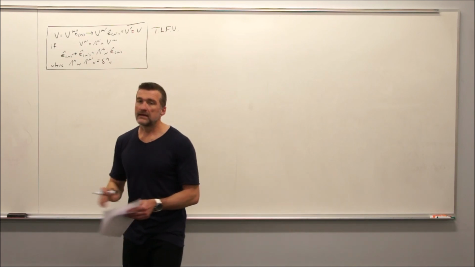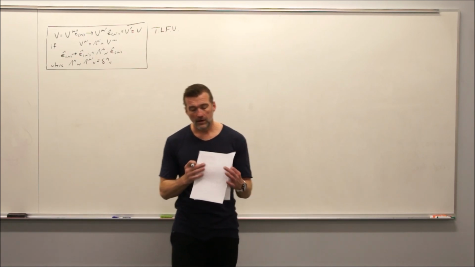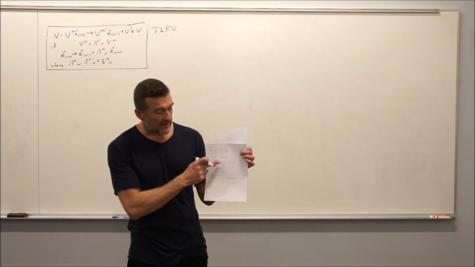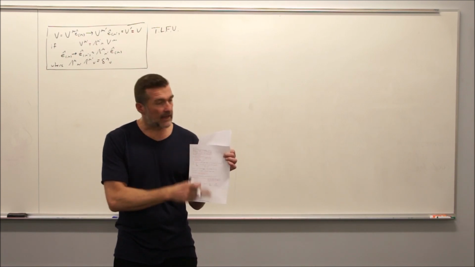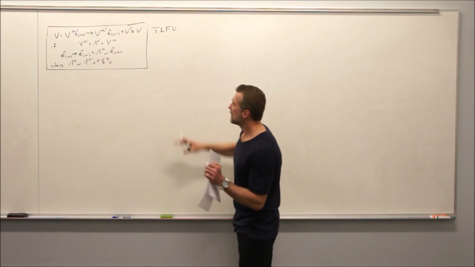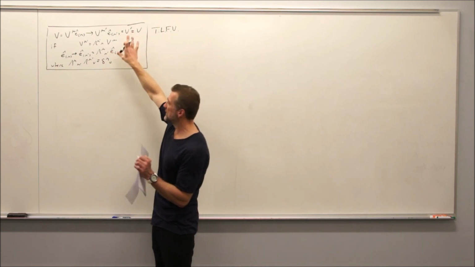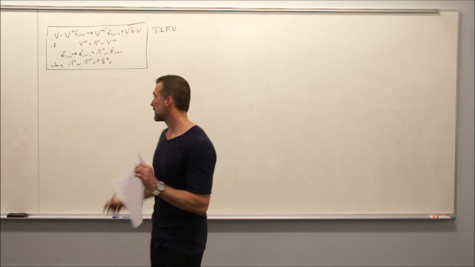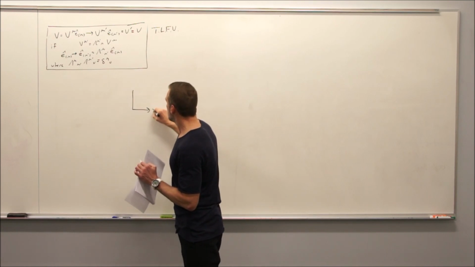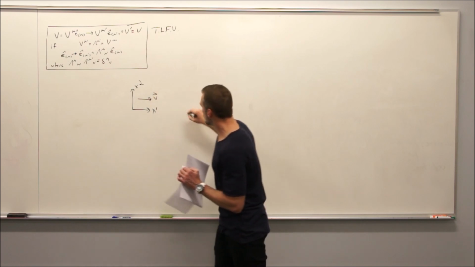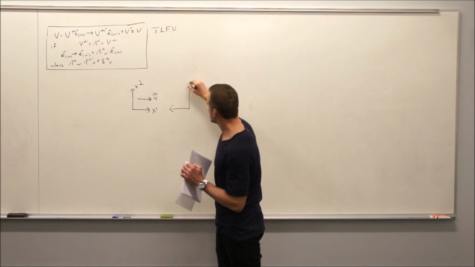Now, in the notes, and I'm not going to do this now, but if you look at the notes when I post them tonight, there is a completely, 100% explicit example of this transformation with all the indices and the basis vectors in a very concrete scenario where you literally have a vector in a two-dimensional coordinate system, and then you rotate the coordinate system like this.